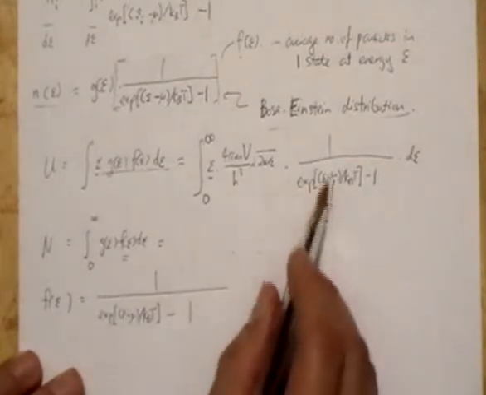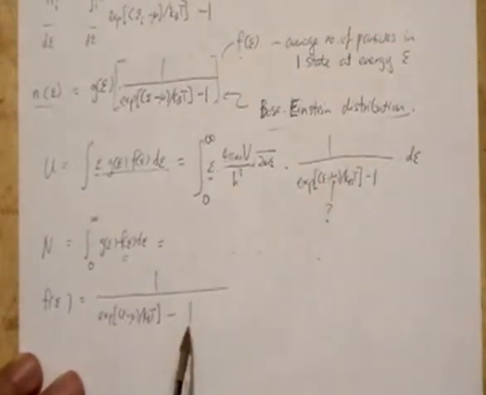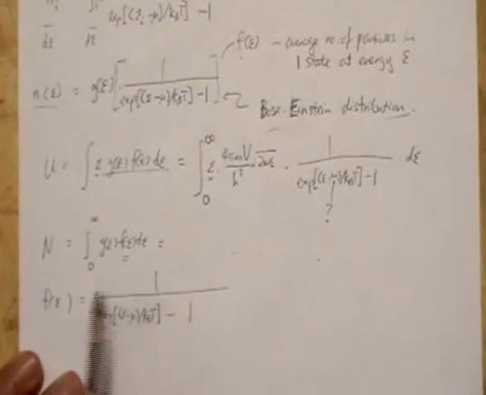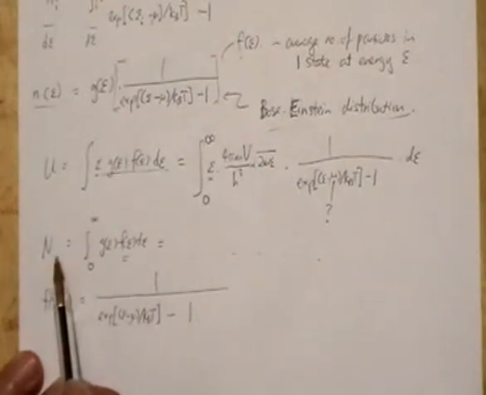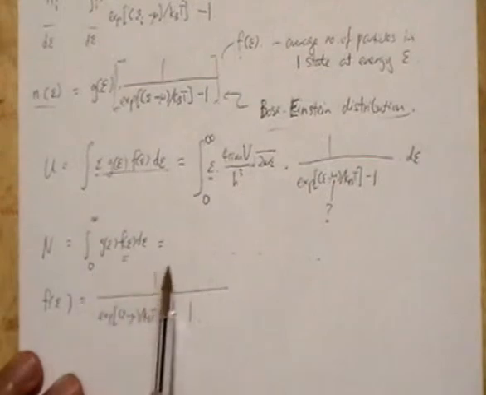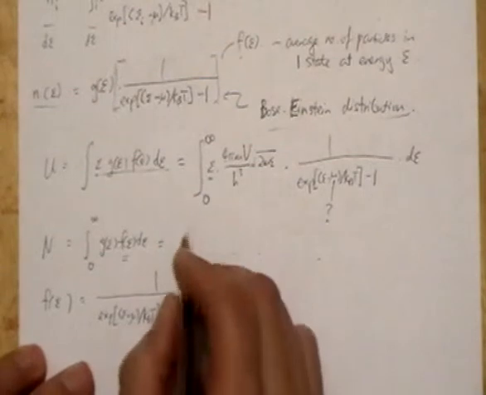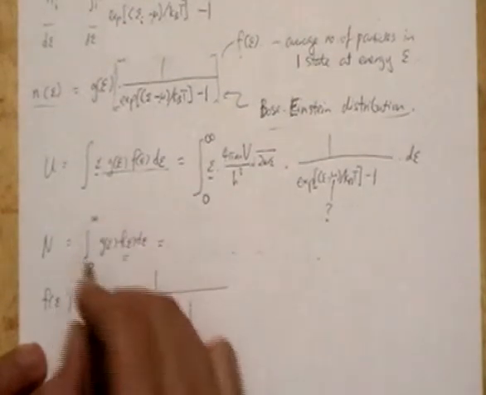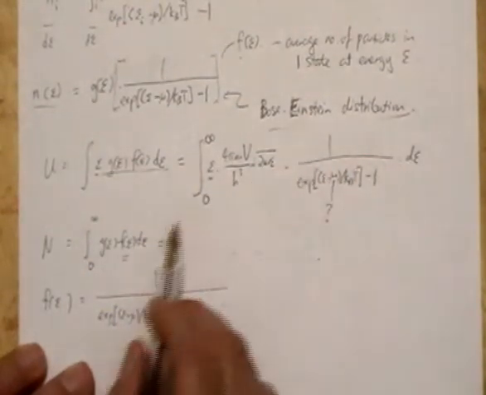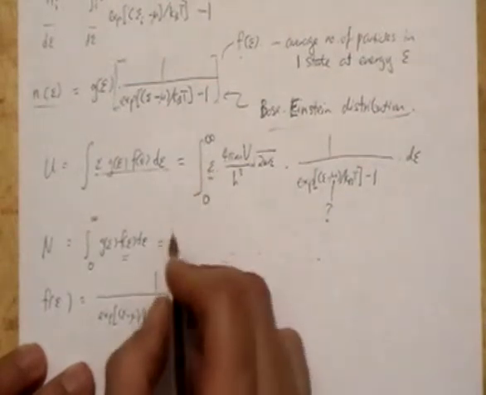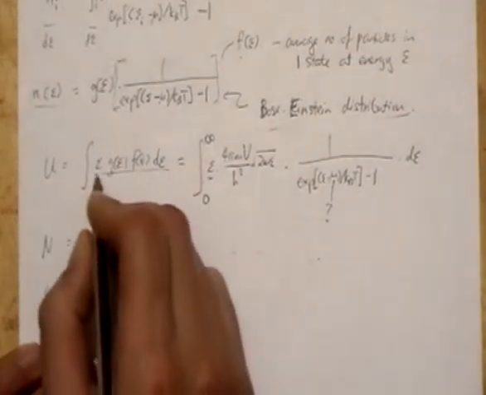Now we know that the chemical potential mu would be determined by the number n according to this equation, where we integrate over the number density. And this expression will look exactly the same as that, but without the energy down here.